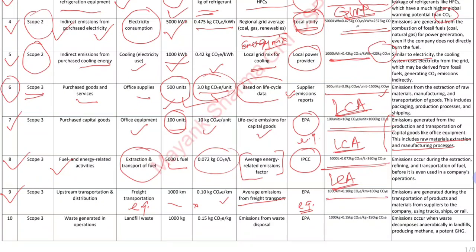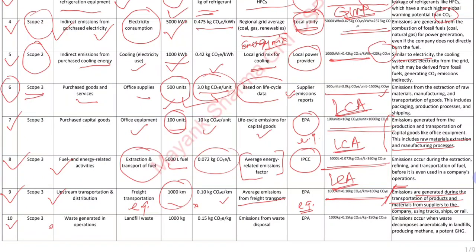And this is the calculation: we multiply the total number of kilometers by the emission factor. So again, emissions are generated during the transportation of the products and materials from suppliers to the company using different types of freight like trucks, ships, or rail. So during the transportation of the product we have a certain amount of emissions, and this is considered under upstream transportation and distribution.